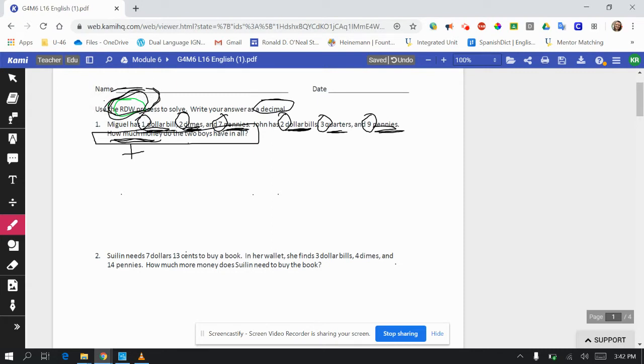Okay, referring back to this RDW, now we will draw. So I will have M for Miguel. I will have J for John, maybe. There we go. All right, so it looks like Miguel has less money because he has $1 and John has $2.